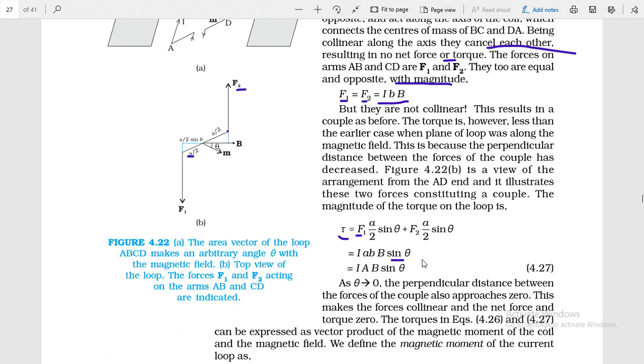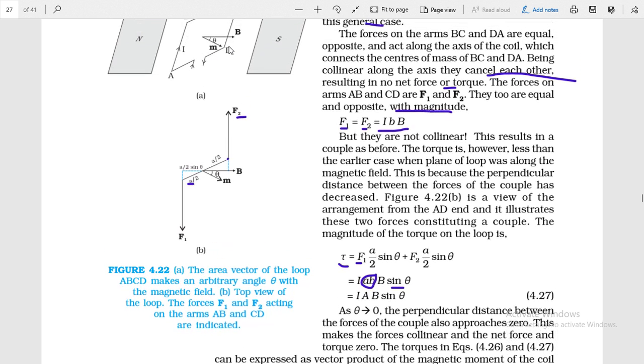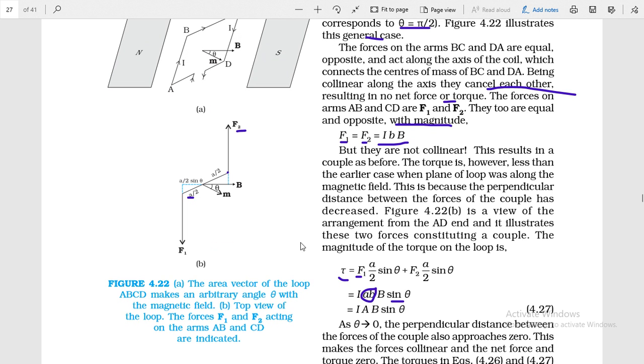Now I hope you remember that this AB is equal to the area of the rectangular loop, since A is the side AD and the second one, that is B, is the side AB. So this AB is equal to the area of the loop.